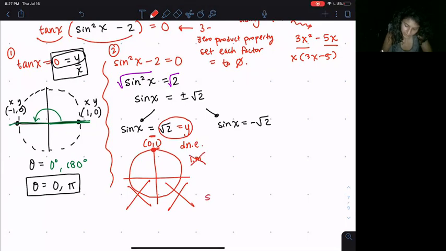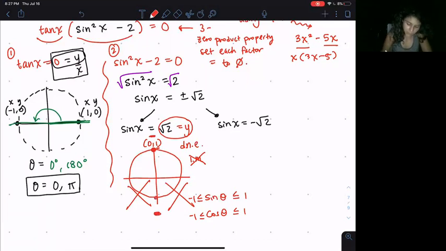So remember, sine theta will always be between 1 and -1. Same for cosine theta. Will always be between 1 and -1. Radical 2 is outside of that range, so does not exist. Same actually with the second part of this. Negative radical 2 is down here somewhere. Again, our y values never reach that low.